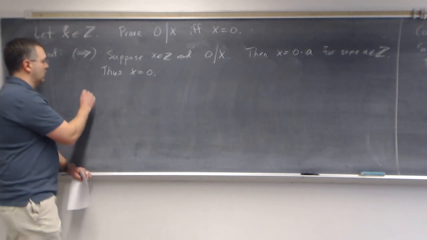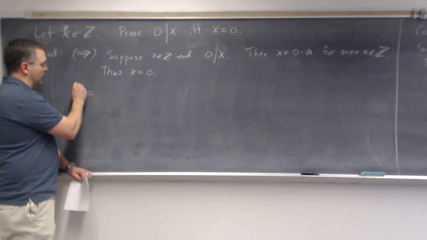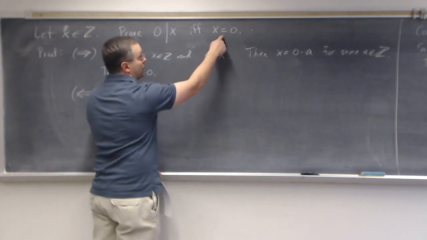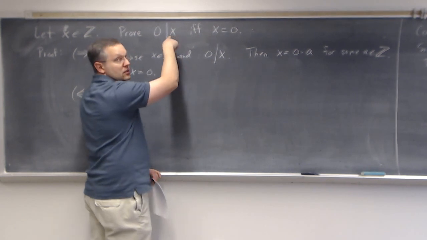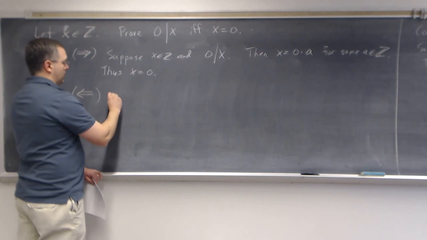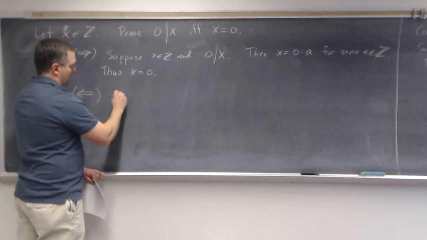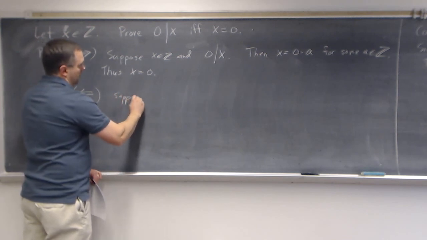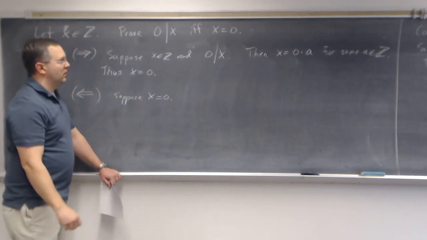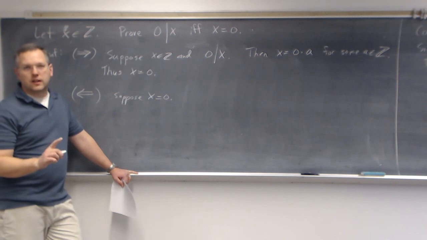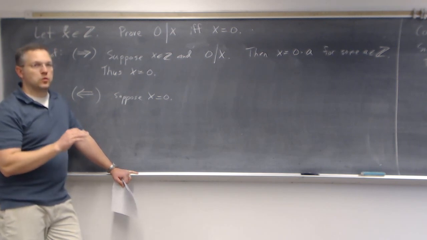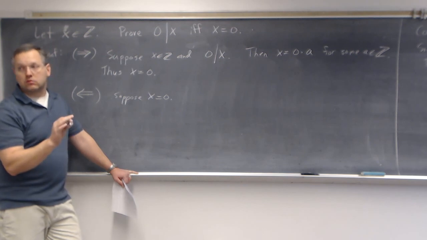And I need to tell the reader I'm going to do the reverse implication. So now I will assume x equals 0 and show that this implies that 0 divides x. So suppose x equals 0. Now what do I need to show that 0 divides x? I need to show that x equals 0 times an integer.